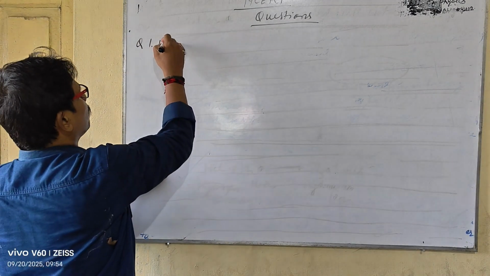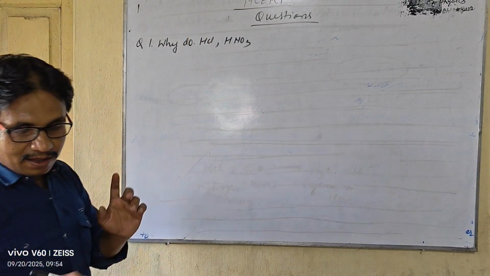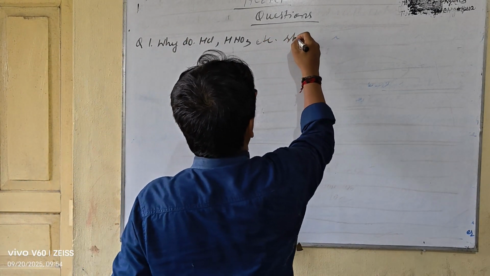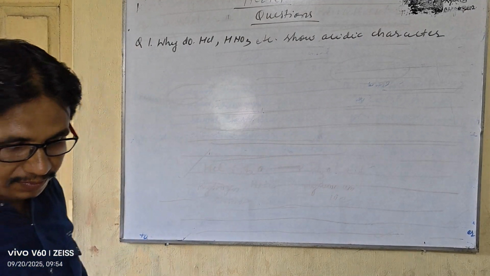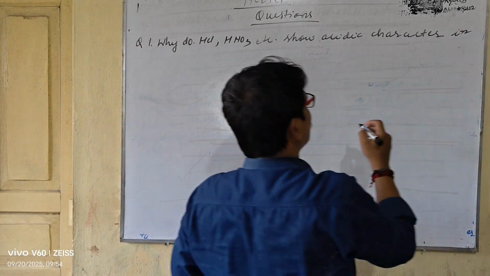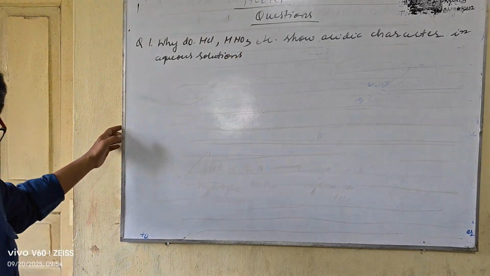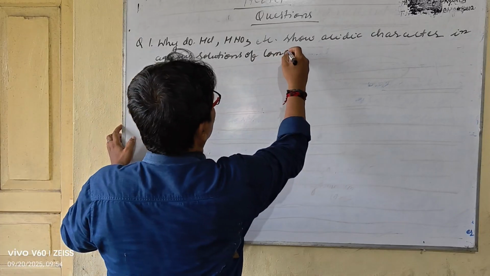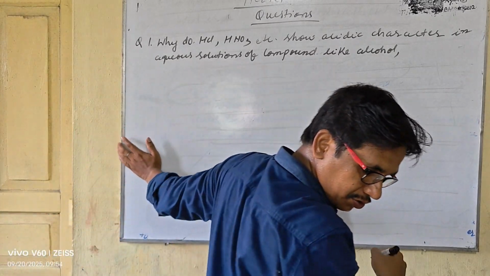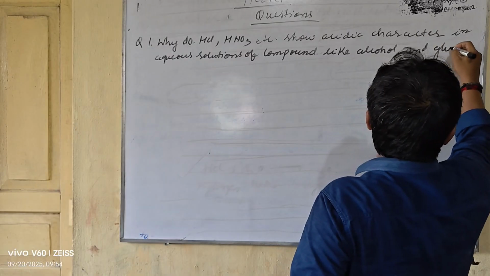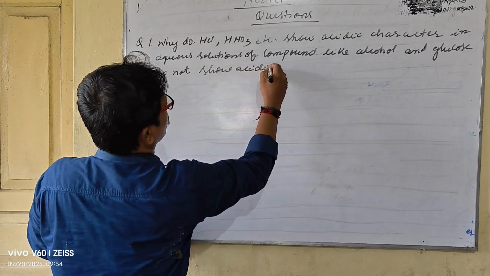Why do HCl, HNO3, etc. show acidic character in aqueous solution, while aqueous solutions of compounds like alcohol and glucose do not show acidic character?